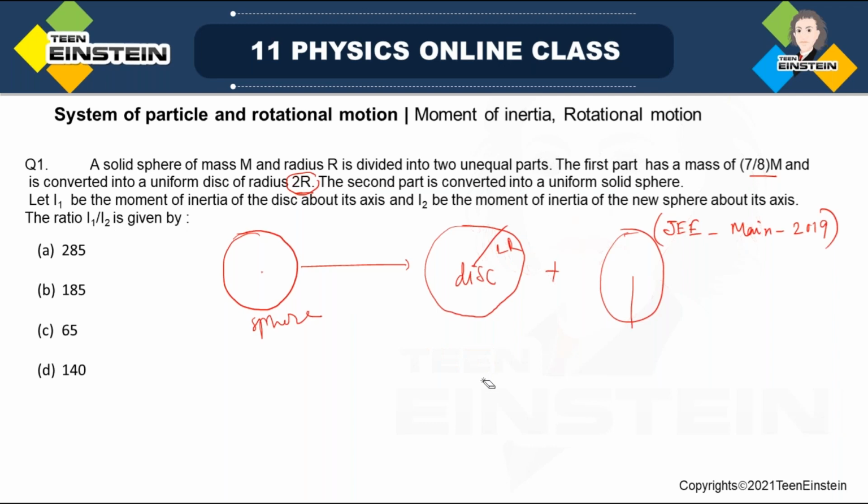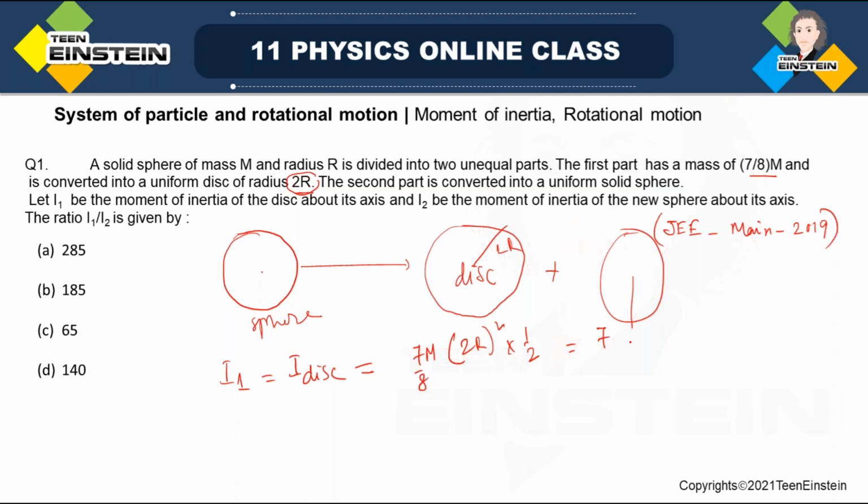So the moment of inertia of the disk about its own axis is MR square by 2, with mass 7 by 8 M and radius 2R.